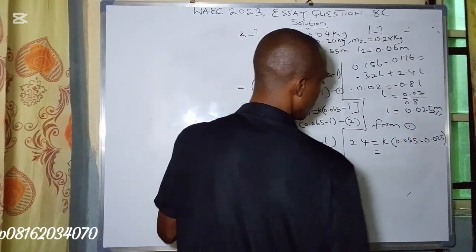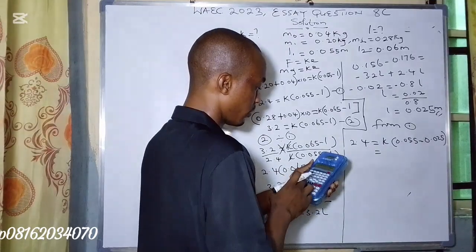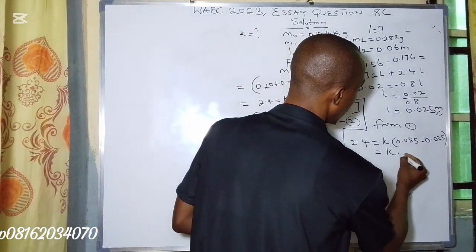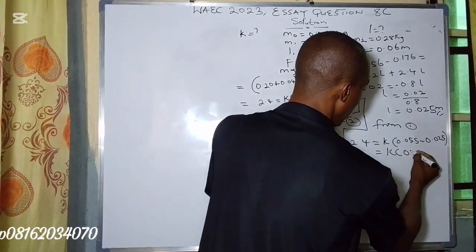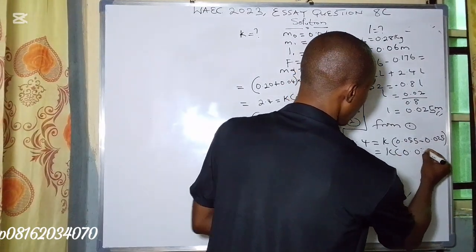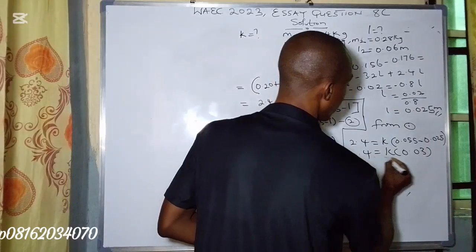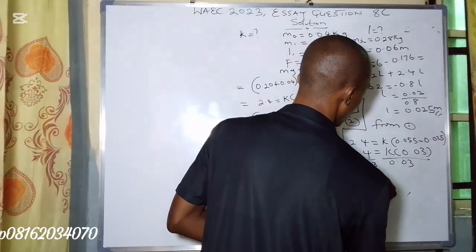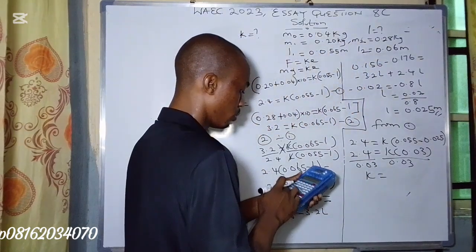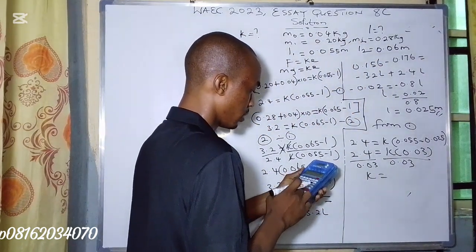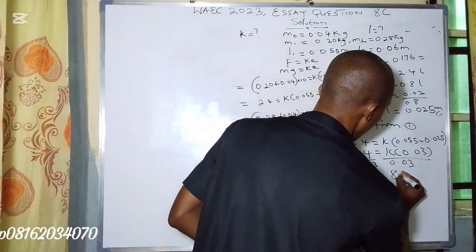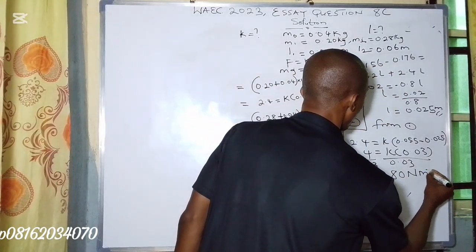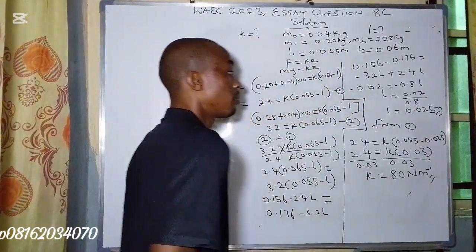This will just give us 0.055 minus 0.025, so k in bracket 0.03. I have 2.4 here. Divide both sides by 0.03. So k should be equal to 2.4 divided by 0.03. What do you have? I'm having 80. Now, the first constant has a unit. The unit will be in Newton per meter.